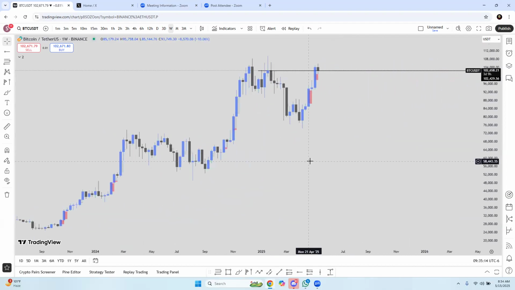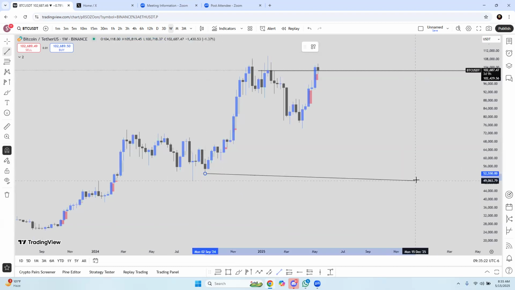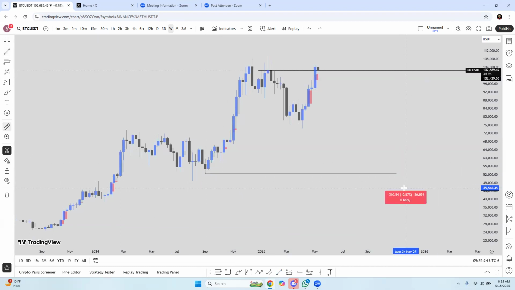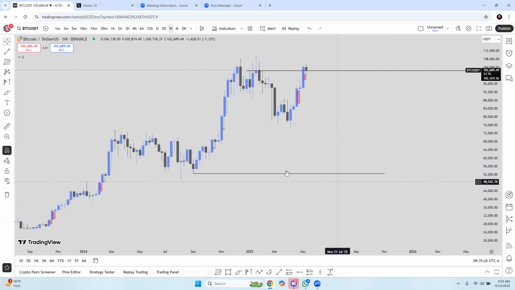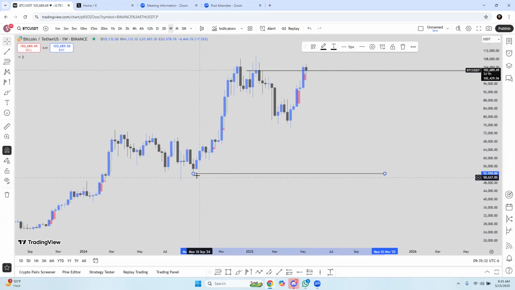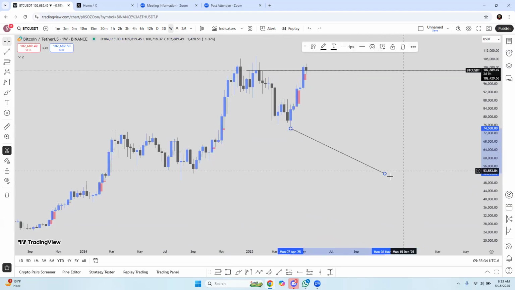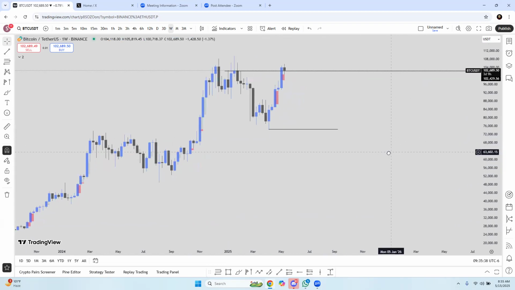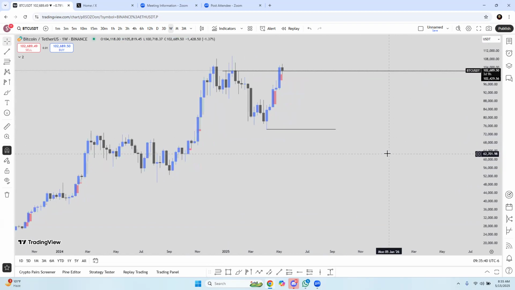Now for the bear market, first we had this low because this was the higher low, so this was the low we had to defend at any cost, which was at 52K. So price was there. I was like, okay, don't worry, we have our invalidation below here. But now this invalidation comes up here. Once we break down here, we will have a market structure shift on higher time frames.